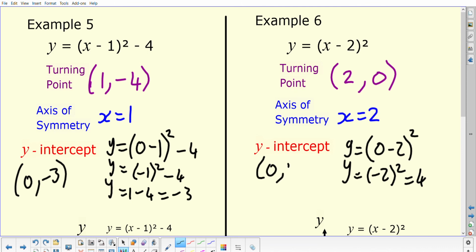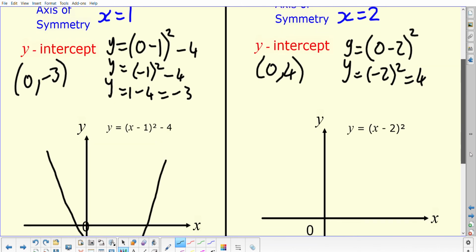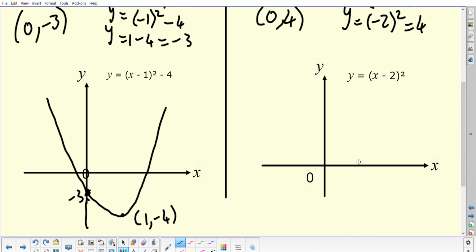So the y-intercept is the point 0, 4. So we are going to plot the point 2, 0. That's on the x-axis, 2 along, nothing up, and the shape of my graph is doing that, and that's my y-intercept. And make sure your graphs look very roughly symmetrical when you're doing this. It's now your turn to practice.